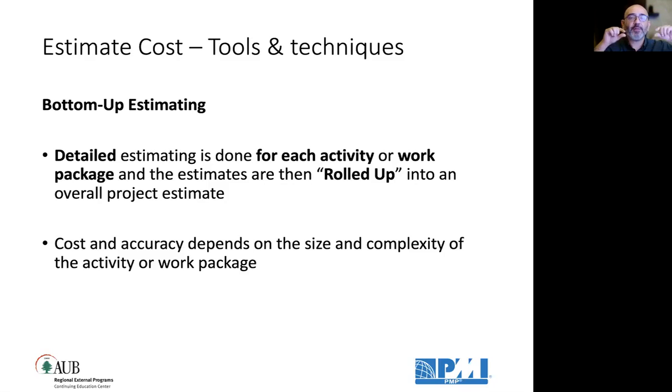So activities roll up to work packages, roll up to phases, roll up to the whole project. Here, the cost and accuracy depend, of course, on the size and complexity of the activity or the work package itself.